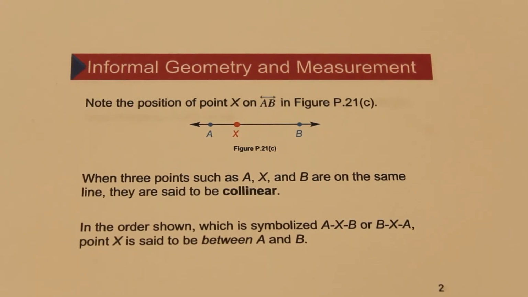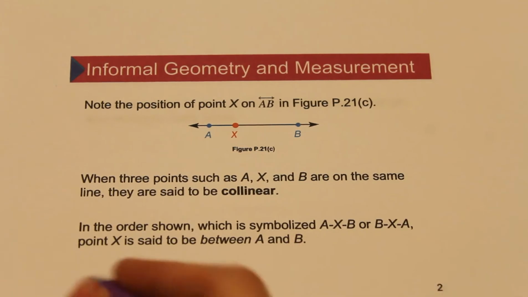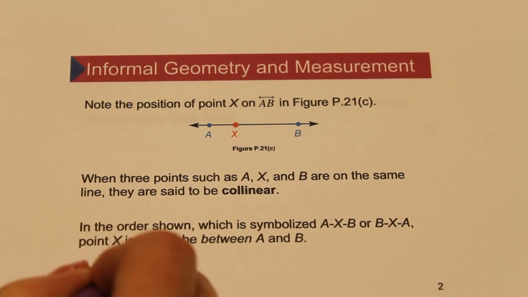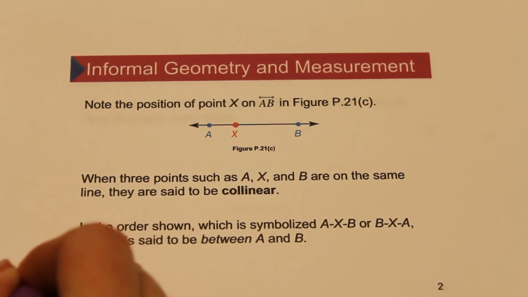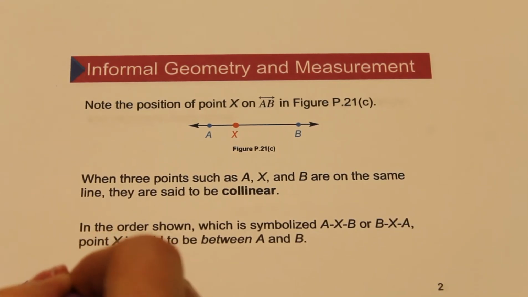So here we have the position of a point X on a line AB. Lines are denoted with arrows going in either direction. And so this would be line KF.